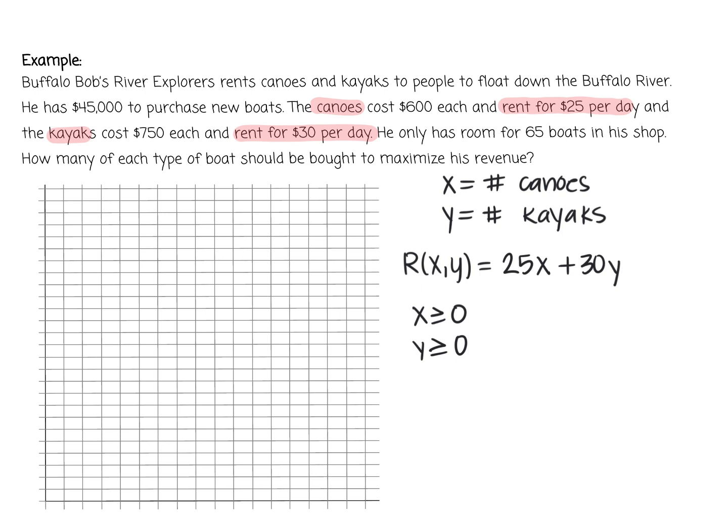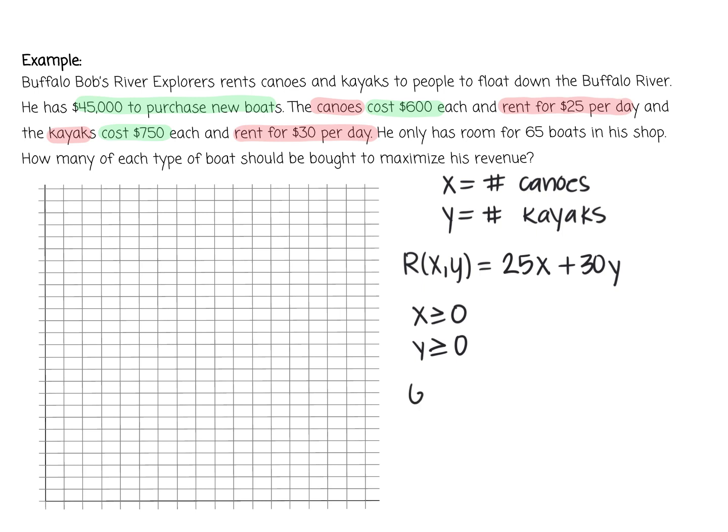Now I'm going to pick out information to write my other inequalities. So we know that he has $45,000 to purchase new boats. And we know canoes cost $600 and kayaks cost $750.